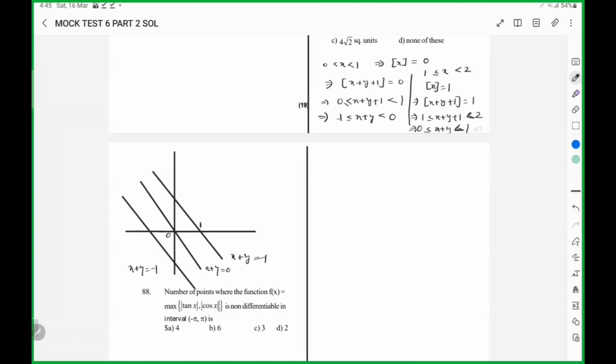Similarly, when x plus y lies between 0 and 1, that is when x is between 1 and 2.